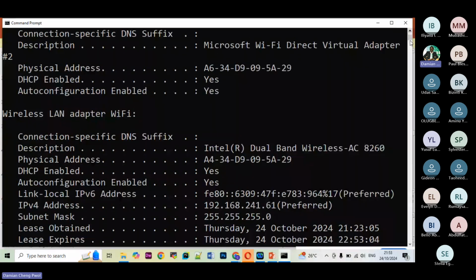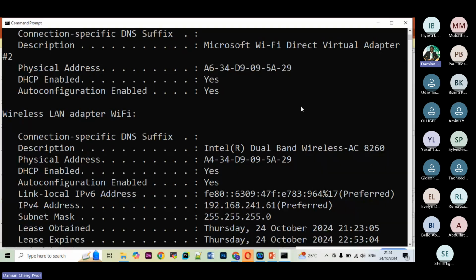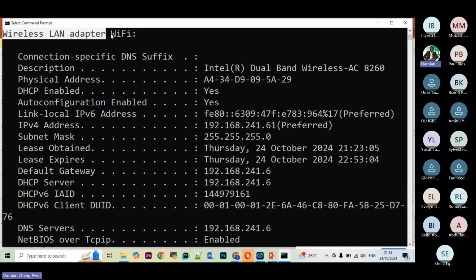I'm connecting to my mobile device, and I'm using wireless. I just connected from my phone; I made my phone a hotspot. That is why you see here it's written Wireless LAN adapter Wi-Fi. That is what I'm connected to.